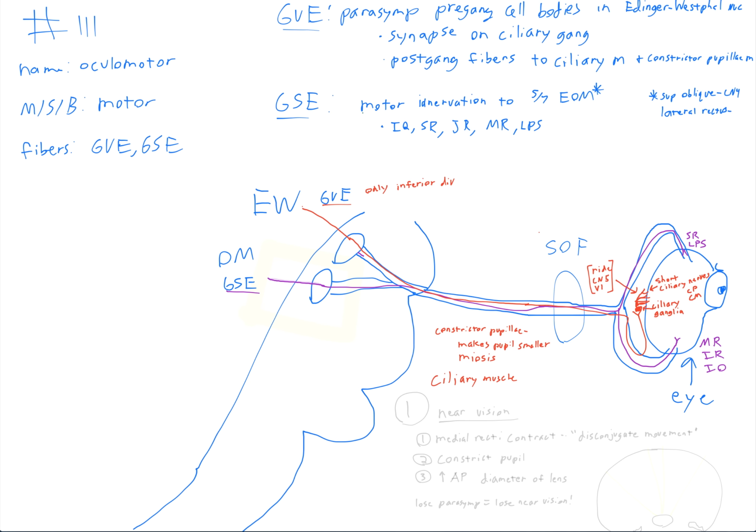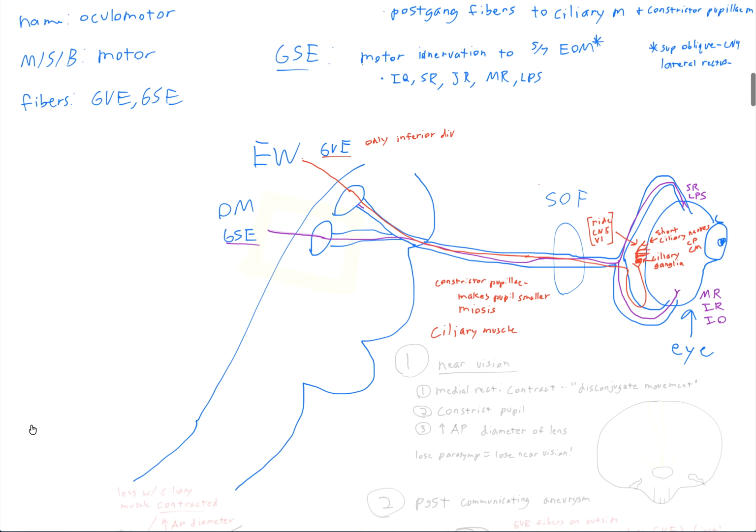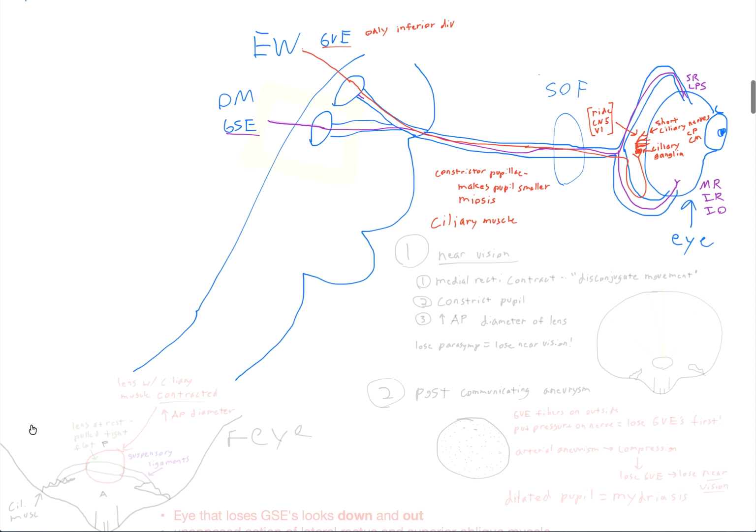Okay? So this is the front of the eyeball. This is like the pupil, the anterior chamber. And we've cut it in half and turned it on its side and we're looking at it. Okay? So right here are these tiny little muscles called the ciliary muscles.